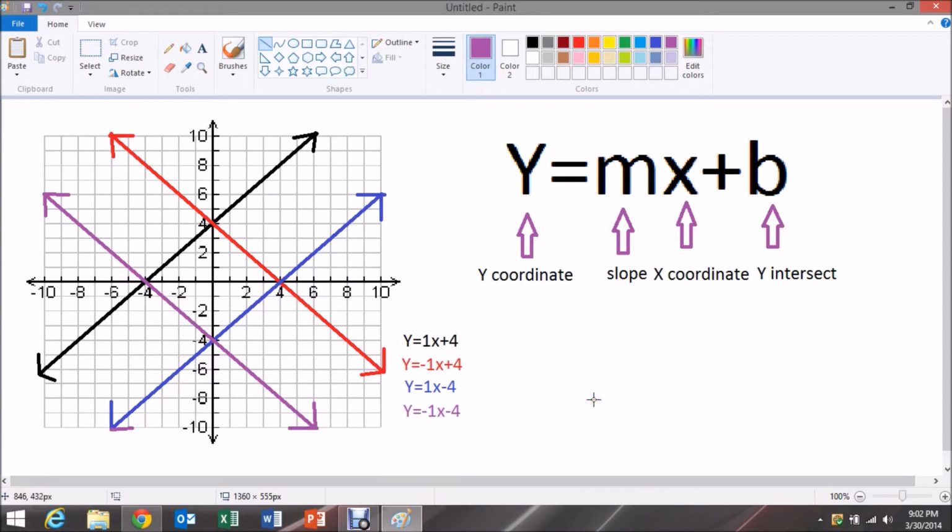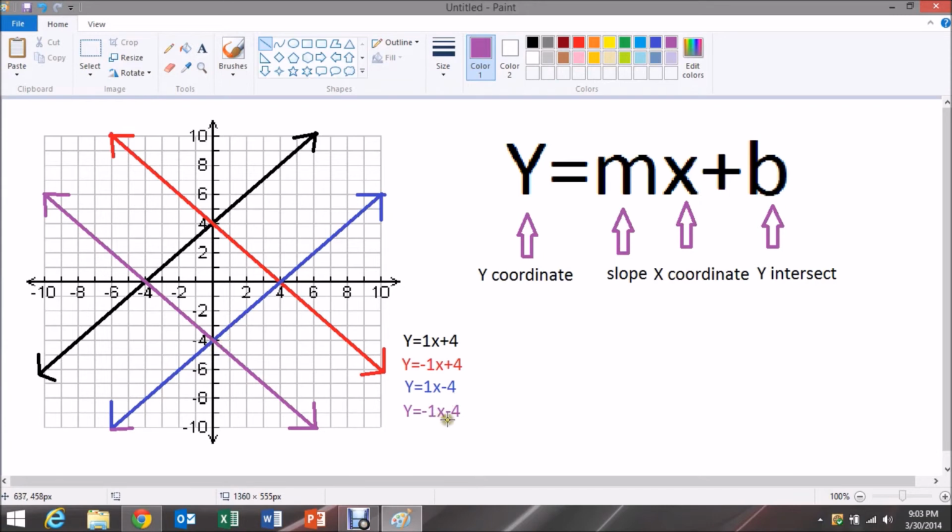The purpose of this is so that we can find any point that we want on this line. So for example, on here we have an x value of 1.